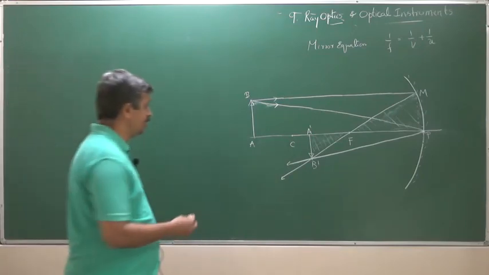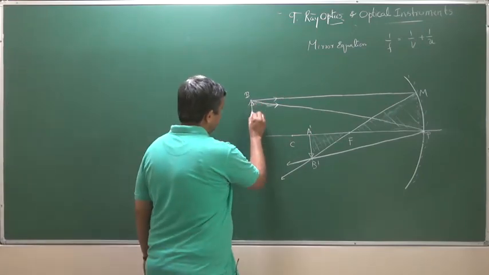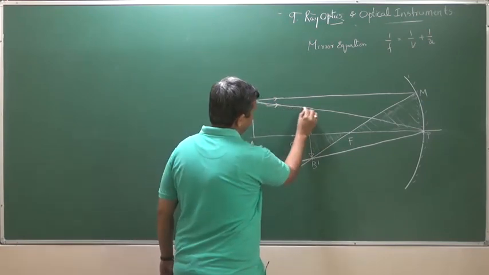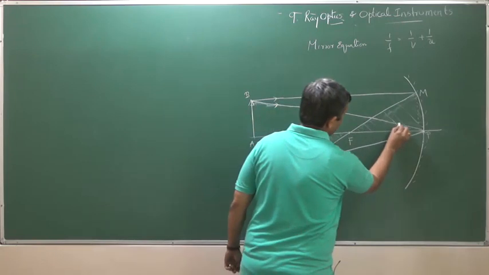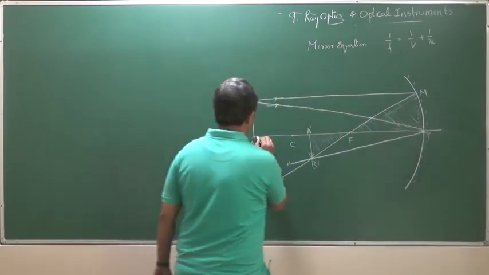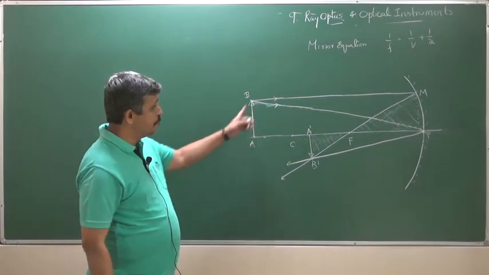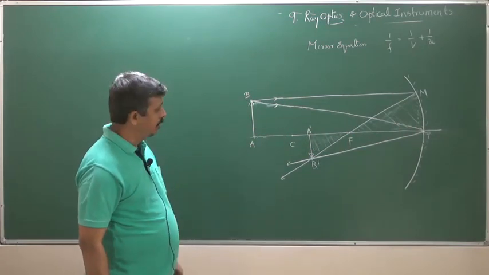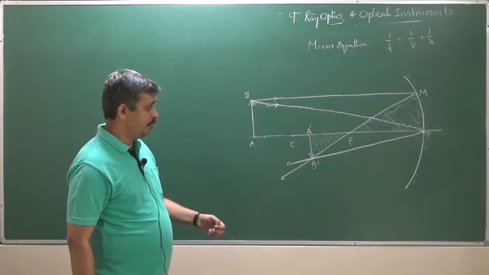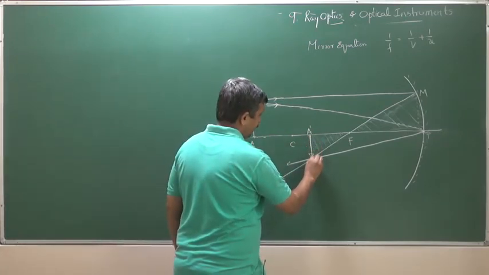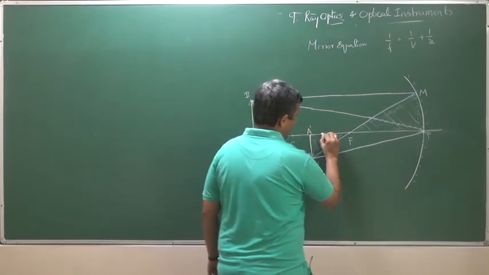One is this triangle from here to here, which we'll call triangle ABP, and one more triangle I'm going to consider is A dash B dash P.